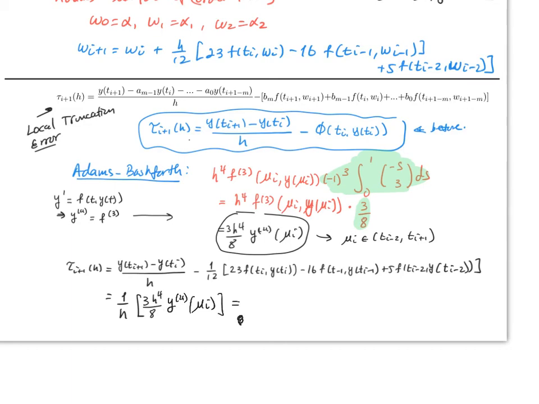So therefore this should equal 3h over 8 times the fourth derivative evaluated at mu i, again where mu i is between ti minus 2 and ti plus 1.